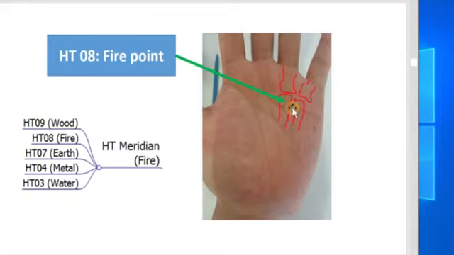There's a finger bone like that, and here also a bone going down. So like a bone head, you can find a shallow point here, usually close to this line. If it's the correct point, it is not painful, but if it's not the correct point, it is very painful.